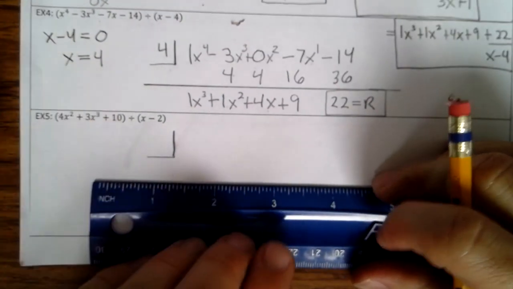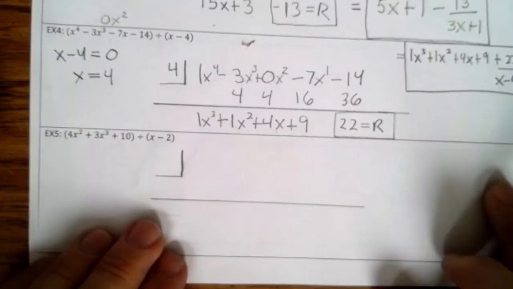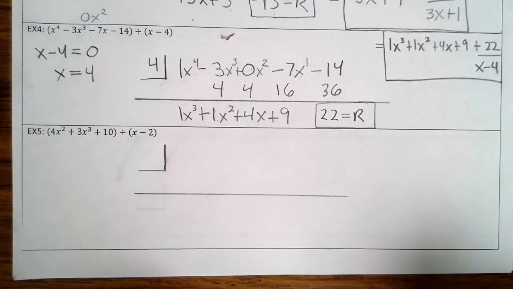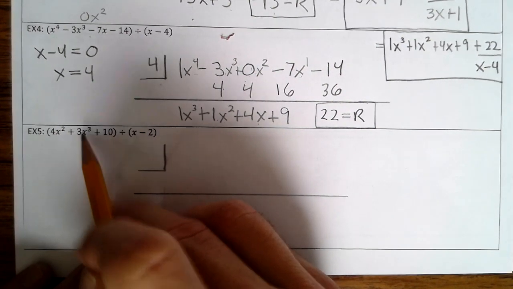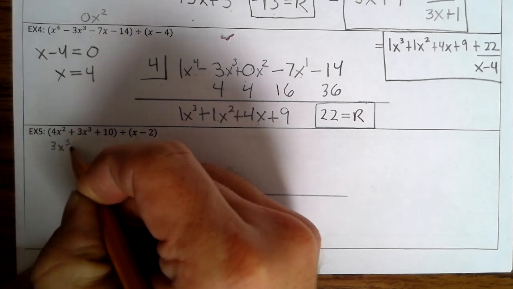All right, let me get it unblurry. Now this one I did on purpose that I didn't put them in order. So what you need to do first is reorder these. So you need to actually write this as 3x cubed plus 4x squared. There's no x, so plus 0x plus 10.